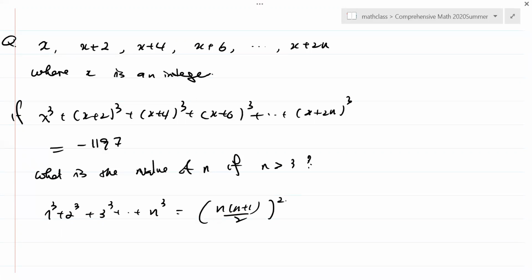If you use this formula to find n, it's possible, but it takes much longer.